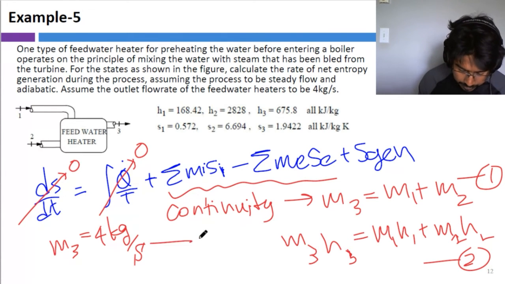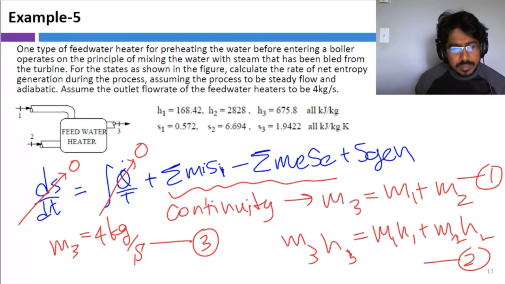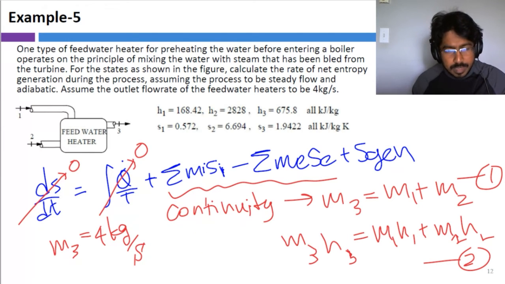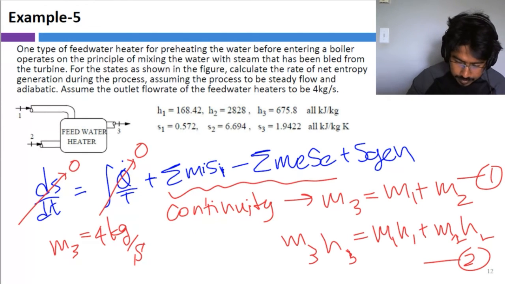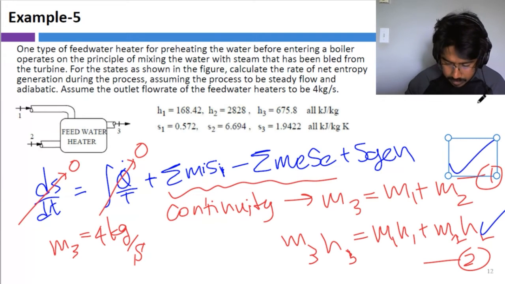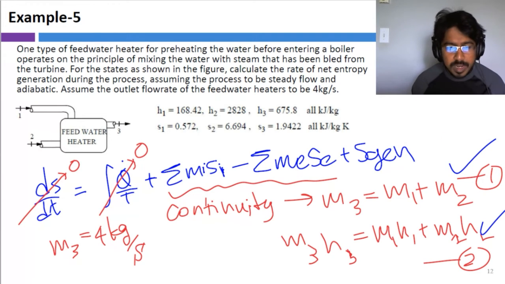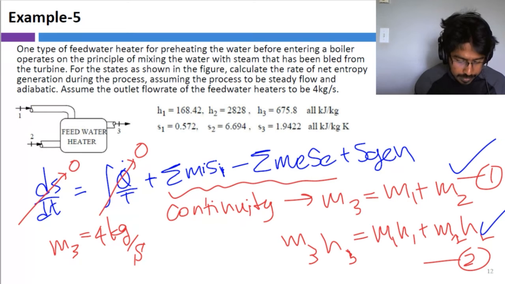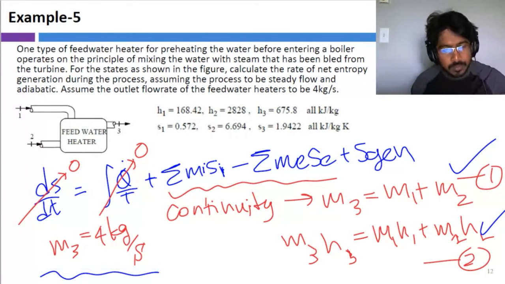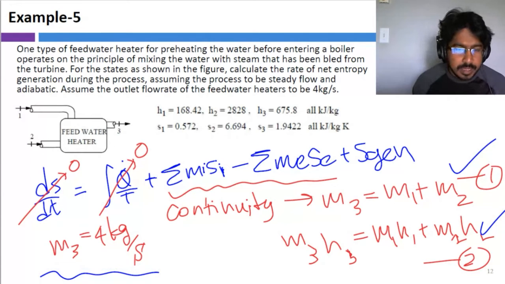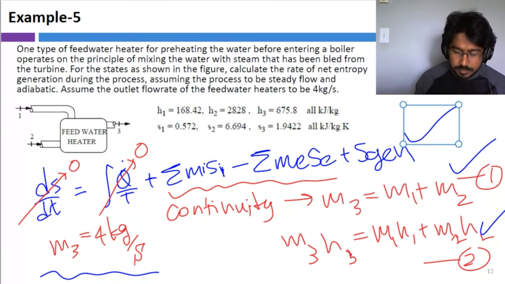So we have two unknown parameters and two equations to solve for them. M3 is known, so there's no point in adding it as an equation. After finding M1 and M2, it's a matter of plugging in the numbers and calculating the entropy generation.